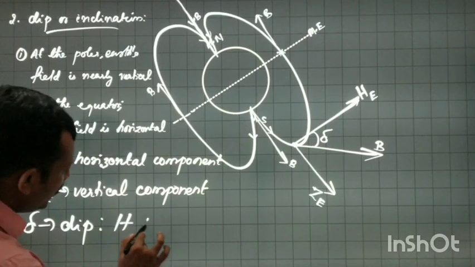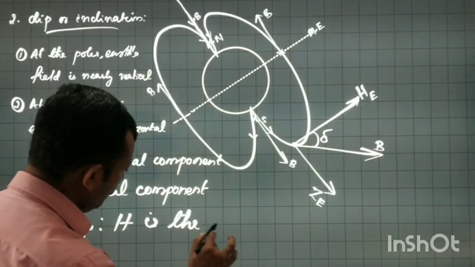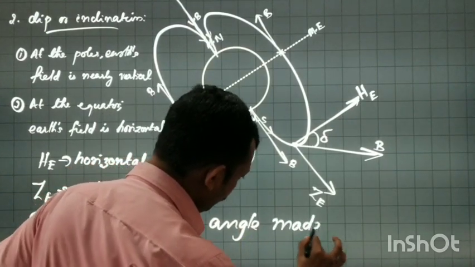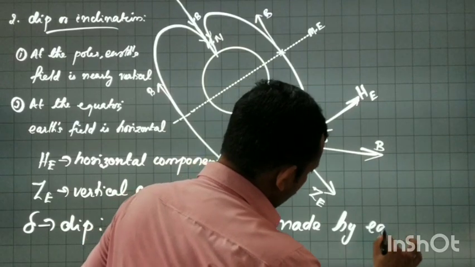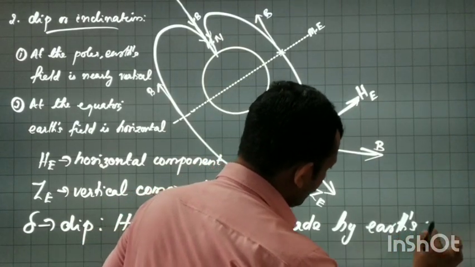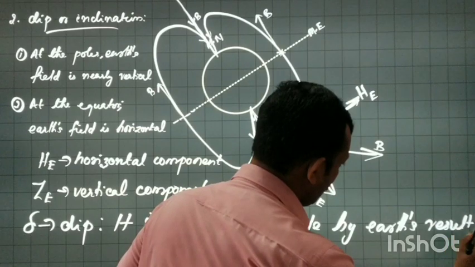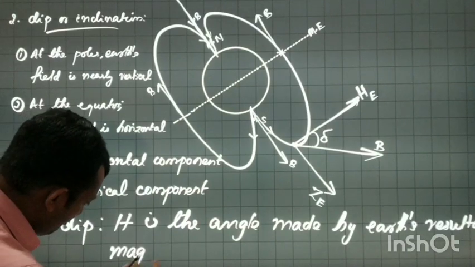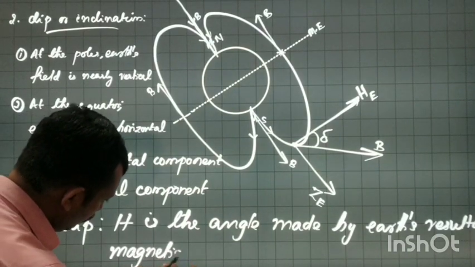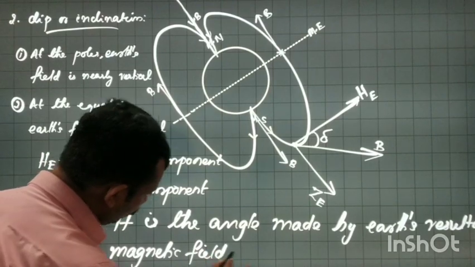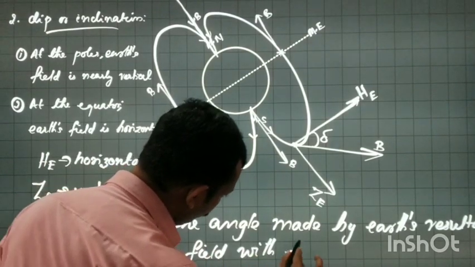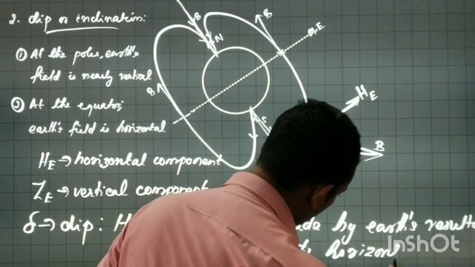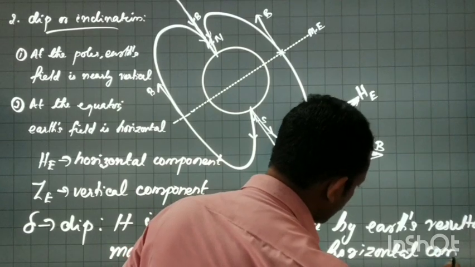It is the angle made by Earth's resultant magnetic field with the horizontal component.